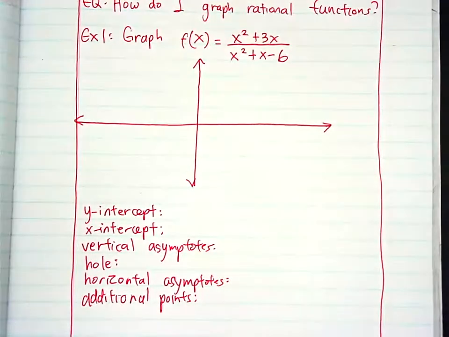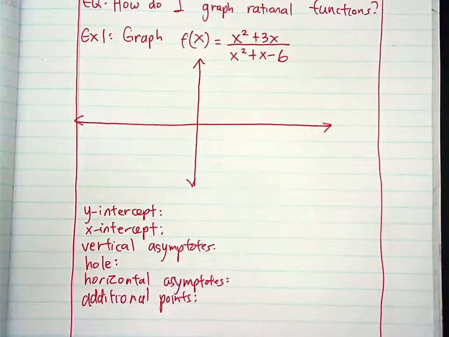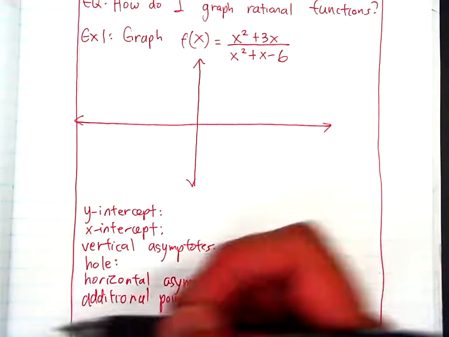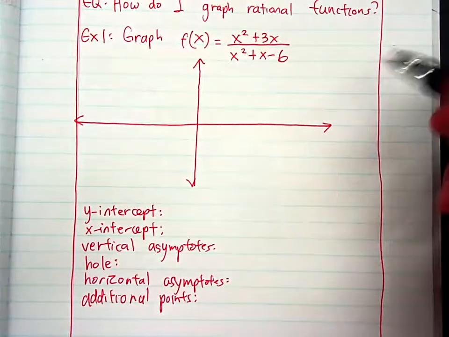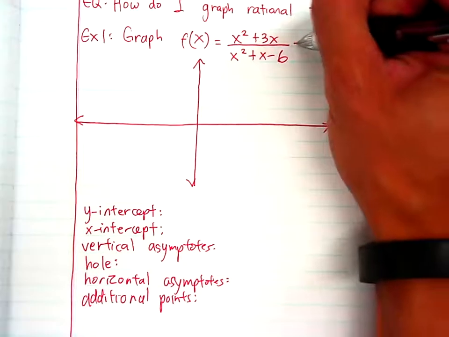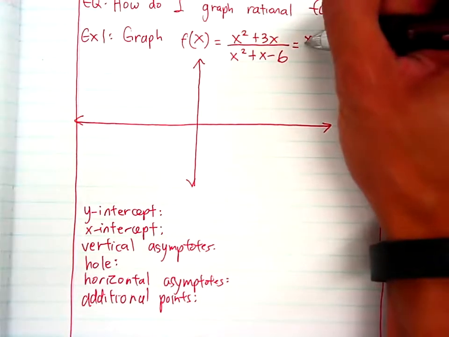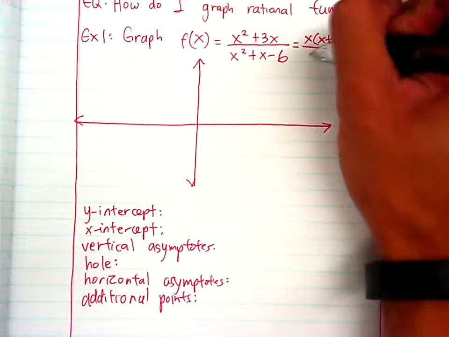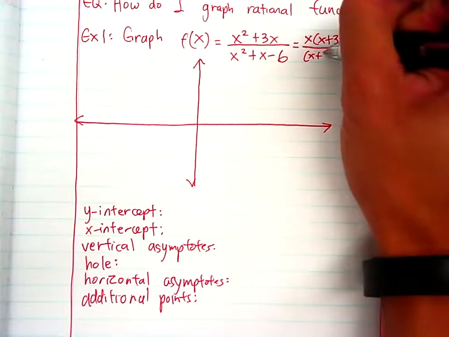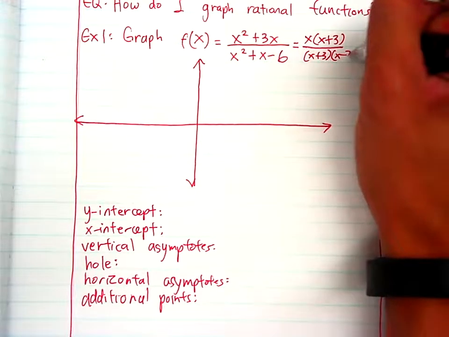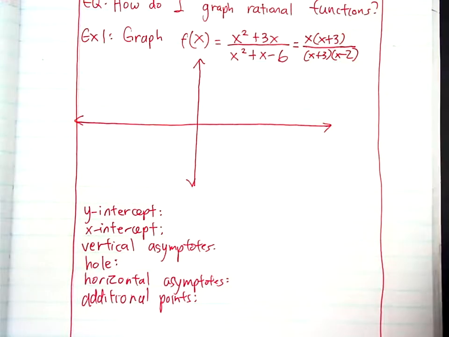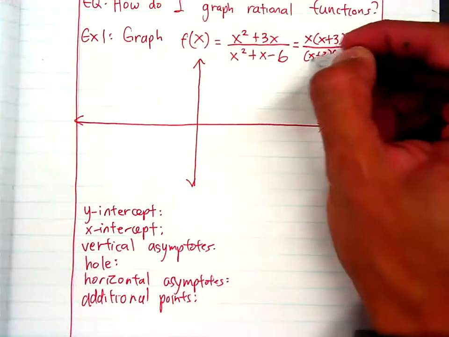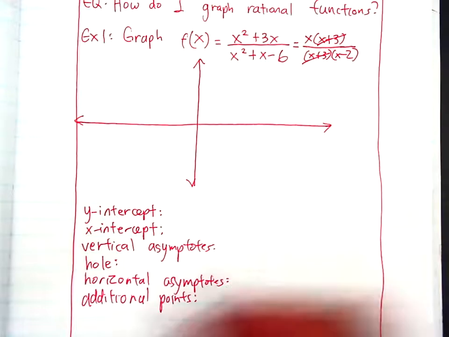Okay, so the first thing I probably want to do is factor and see what I can cross out. If I factored this rational function, it would be x times x plus 3 over x plus 3, x minus 2. And I've noticed that I can cross out the x plus 3's.